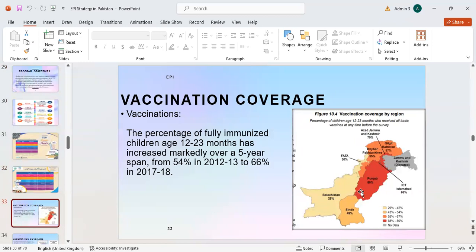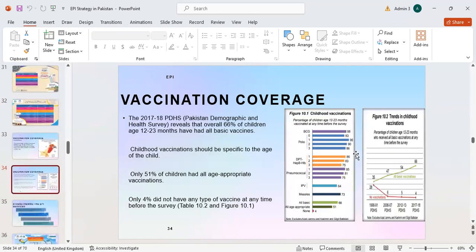This figure shows that the darker the color, the higher the immunization coverage: Punjab 80%, Balochistan 29%, Sindh 49%, Khyber Pakhtunkhwa 55%. In 2017-18, the Pakistan Demographic and Health Survey revealed that overall 66% of children aged 12 to 23 months have had all basic vaccines.